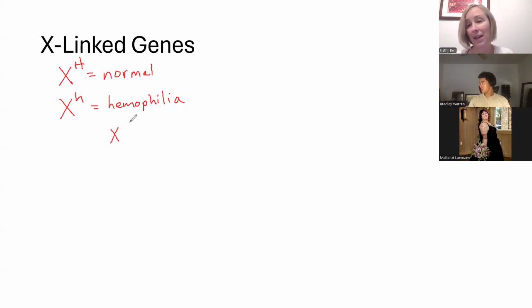dad who does not have hemophilia, and mom is a carrier. So what would be mom's genotype if she's a carrier?